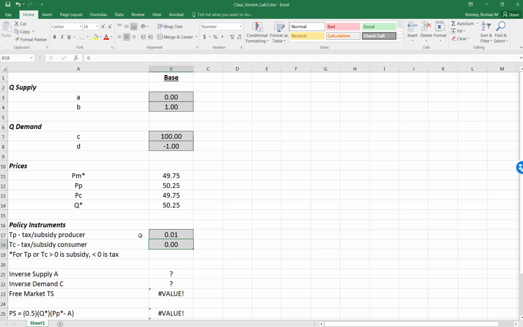Okay, so what's happened here is we've subsidized producers. They've been encouraged to produce more. They see a price for them that's larger than what's going on in the market. So the market price actually pushes down, right? Because when there's no policy, the price is 50. Now suddenly it's announced that you get a 1% boost to your price. So after the market settles out, we're going to give you 1%.